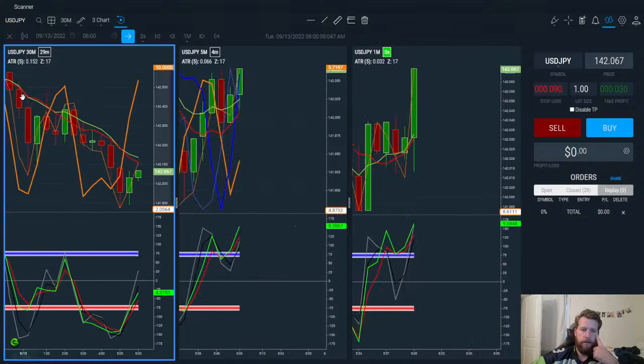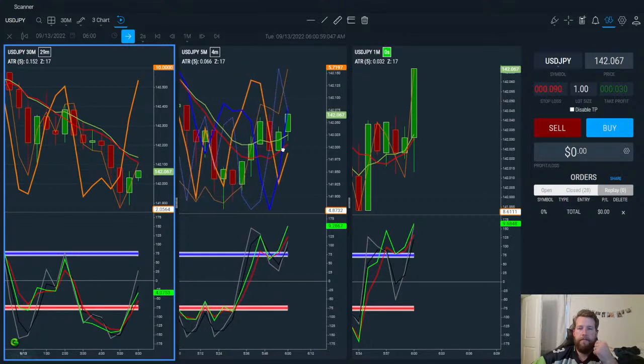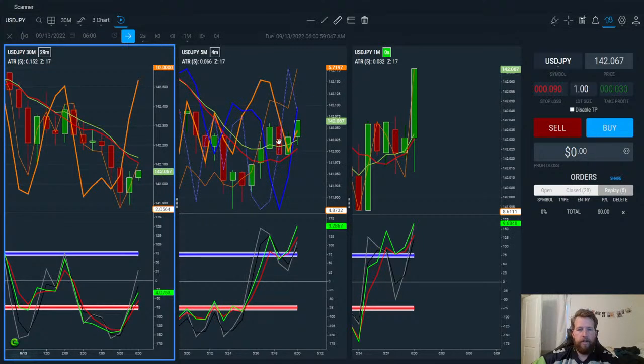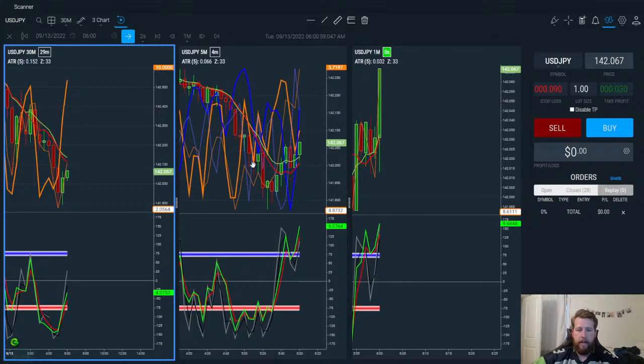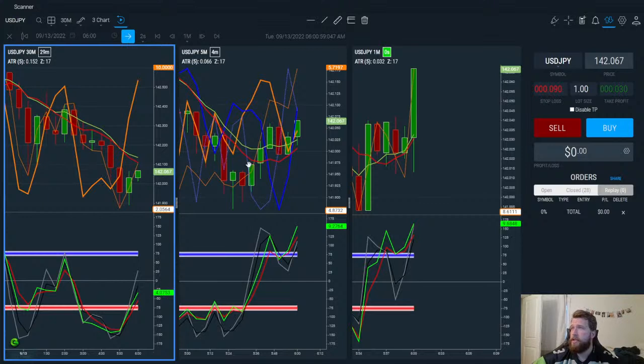So overall, it looks like the long-term trend is down, and it looks like it's making its way back to pressure. And then on the 5-minute, it looks like we're getting a little bit of a swoopy swoop here, which is a good indication of some possible reversal, going from a downtrend, or just a reversal of the trend in general.